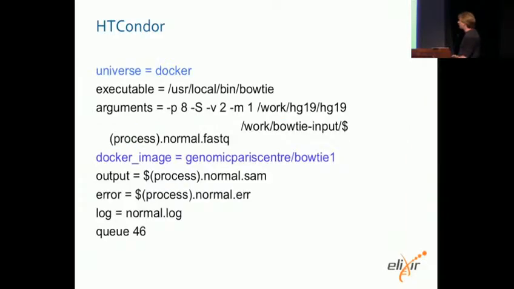So what we did is we extended the Galaxy Docker image to support htconda, just for the simple reason that the latest htconda version supports this Docker universe. So as soon as you now submit a job via Galaxy to an htconda cluster and annotate that job with a Docker image, it will run your jobs inside of Docker.